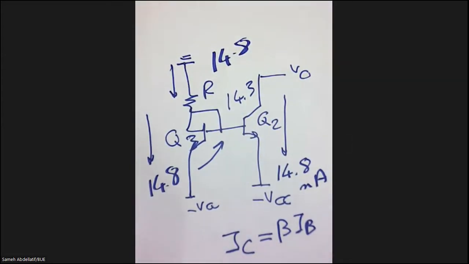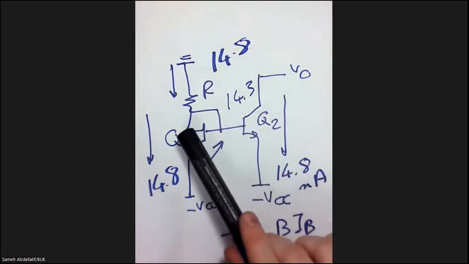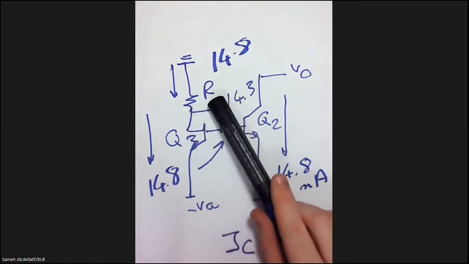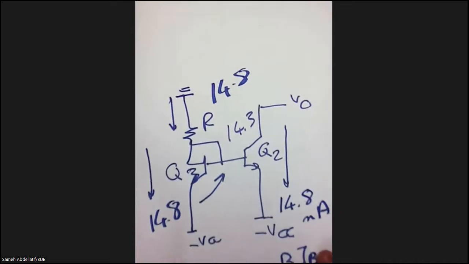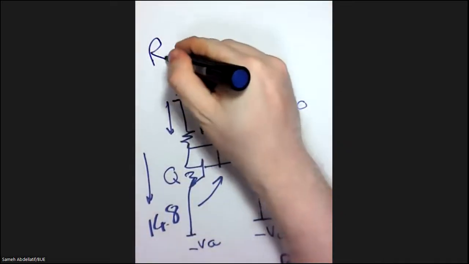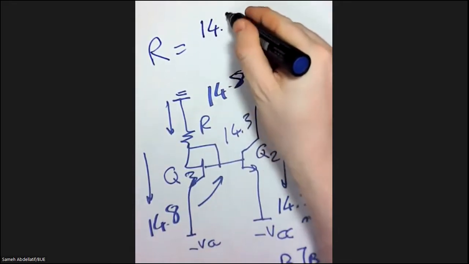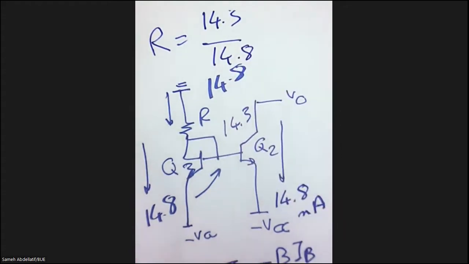Now you have everything. You know that this is a ground. You know that this is 14.3. And you know the value of the current flowing in the resistance. So simply speaking, the R you are searching for equals 14.3 over 14.8. 14.3 is the voltage difference between this point and this point.